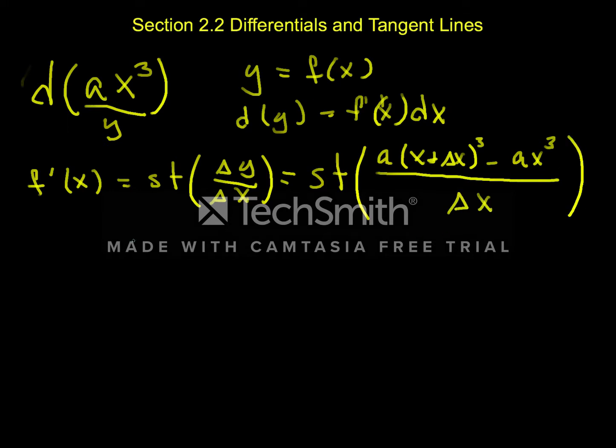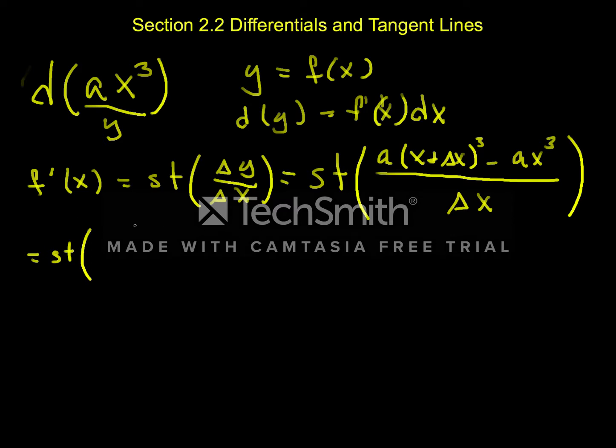So we'll have to expand this out and simplify. The top is an infinitesimal, the bottom is definitely an infinitesimal, so we can't compute the standard part yet, but we can simplify and hopefully get some canceling.